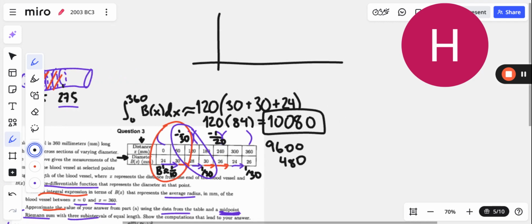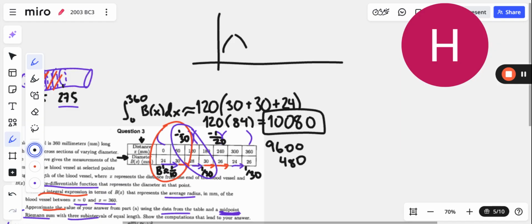We know that somewhere the slope of B is negative, from 0 to 120. Wait, do we? Right, yes, because it went up and then it went down. That's the idea.